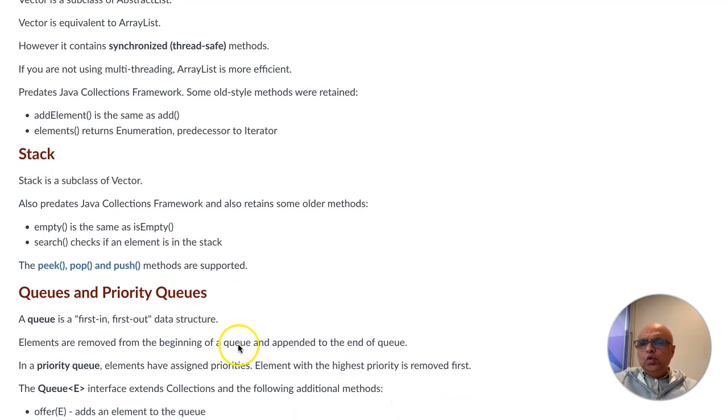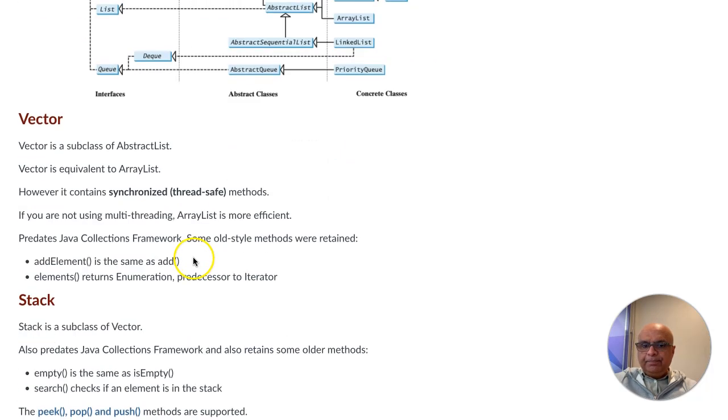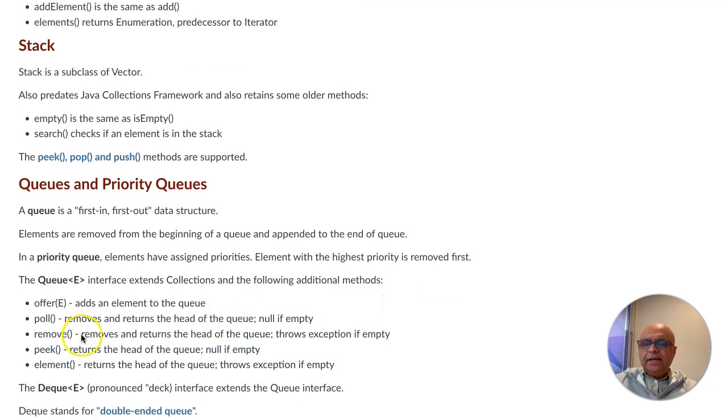Now queue is an interface and it extends collection. So where does it appear? It might be useful. It's right here, and it extends collection. That's where it's sitting, and has the following methods. So with queues, you have offer, which adds an element to the back of the queue.